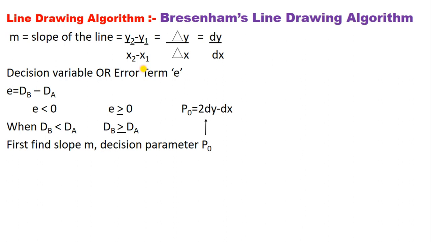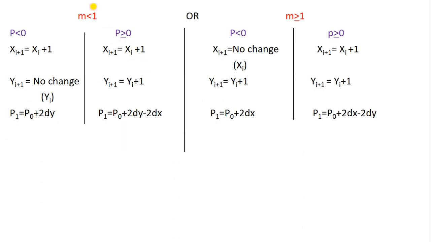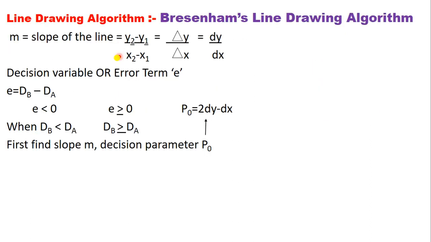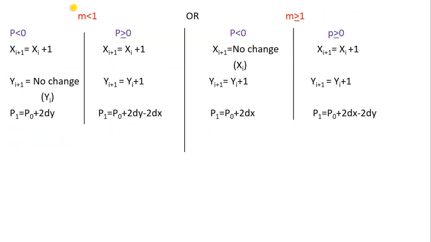Now see here, this is m less than 1 or m greater than or equal to 1. Why have I written this? See here, slope m means what I just told. If our slope is less than 1, or greater than 1, or equal to 1, we should compare these three things.